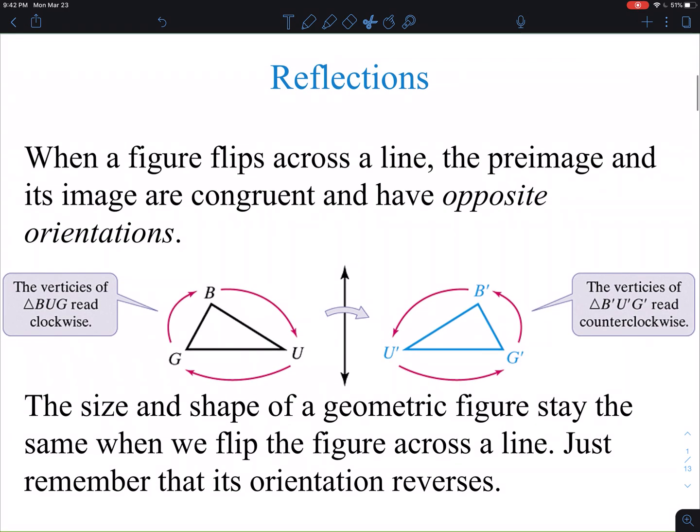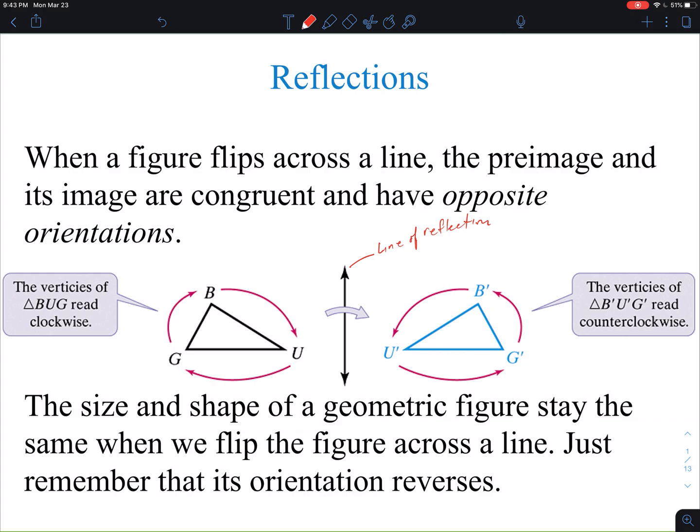What we can see here is that when we flip across a line of reflection, the pre-image and its image are congruent and have opposite orientations.